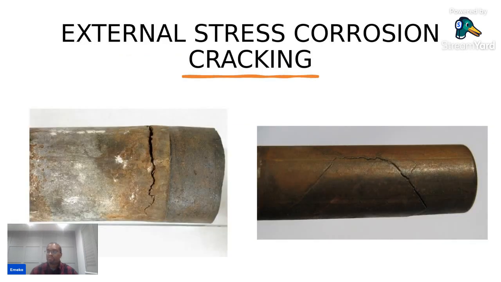So the next type of corrosion we'll be looking at is external stress corrosion cracking. This is an external risk mainly to stainless steel in wet, chloride, and oxygen-rich environments. If you go back to part one of this video, I did talk about chloride stress corrosion cracking.